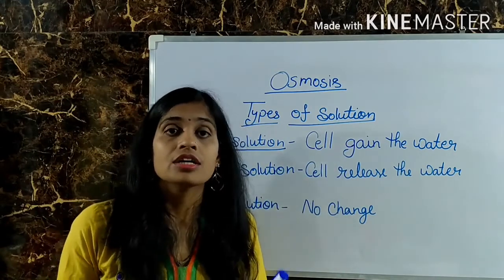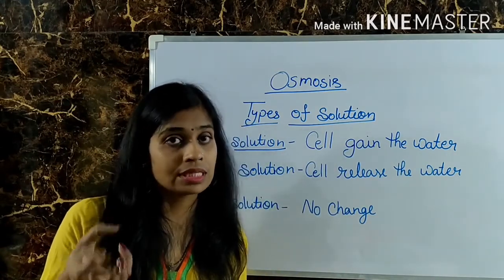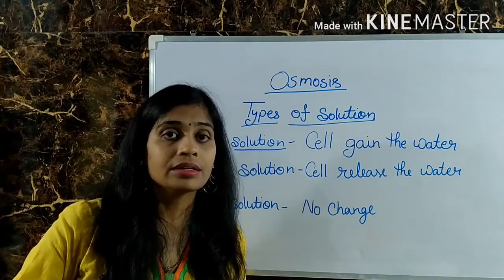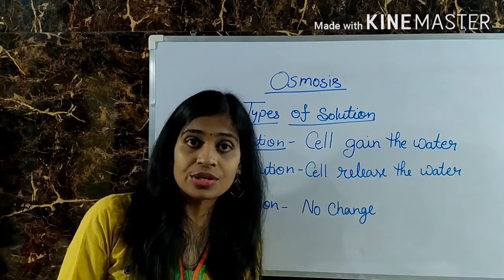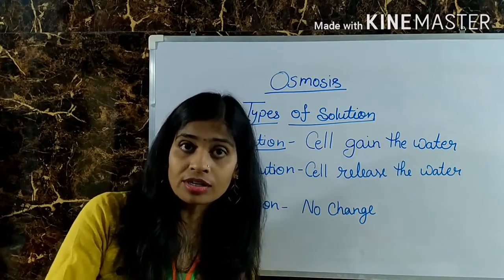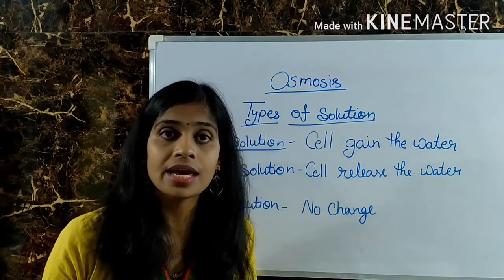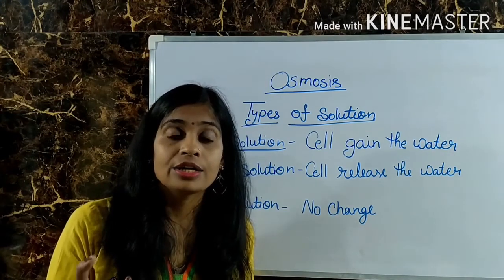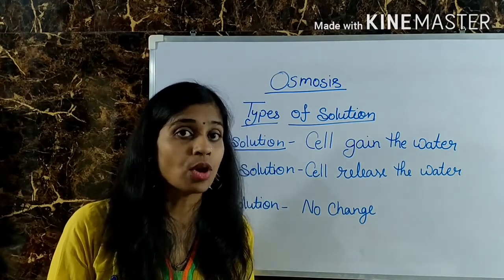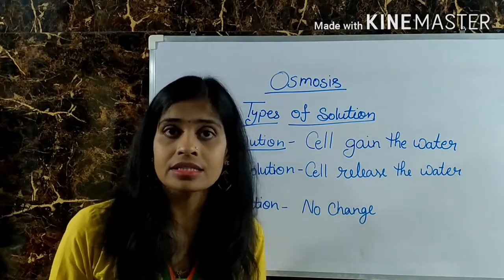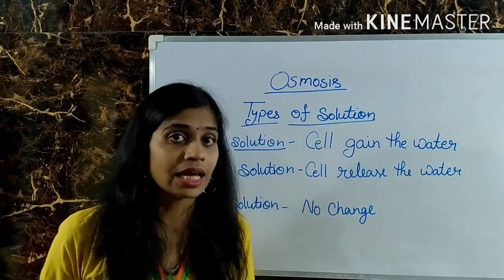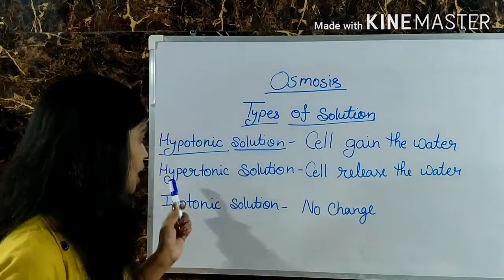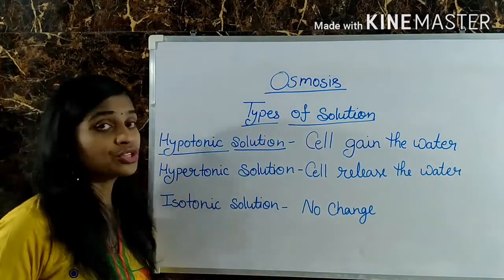And when the swelled up cell is put in a solution having a lower water concentration than the cell, then the cell shrinks, meaning the water present inside the cell is released from the cell, and this type of solution is called a hypertonic solution.